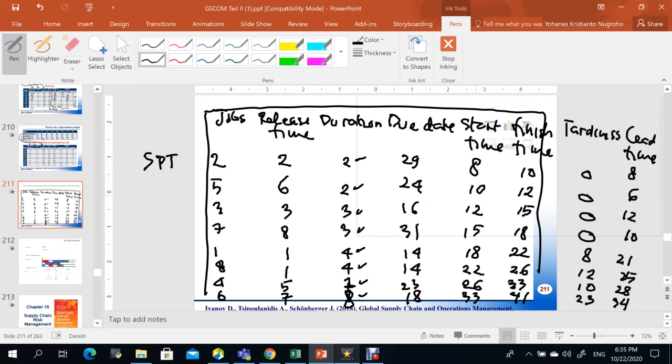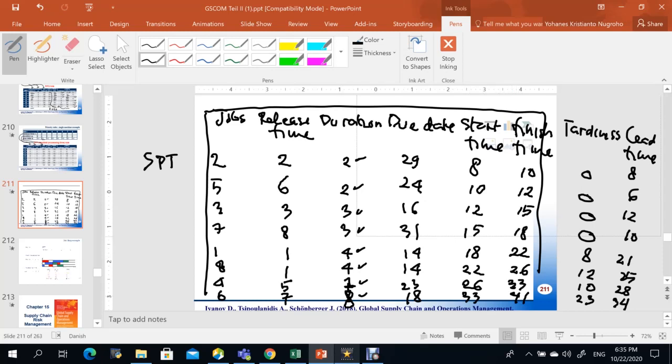That is 10. 10 plus the duration, that is 2. 10 plus 2 equal to 12. 12 move here. 12 plus 3 equal to 15. And then 15 plus 3 equal to 18, right? 18 plus 4 equal to 22.